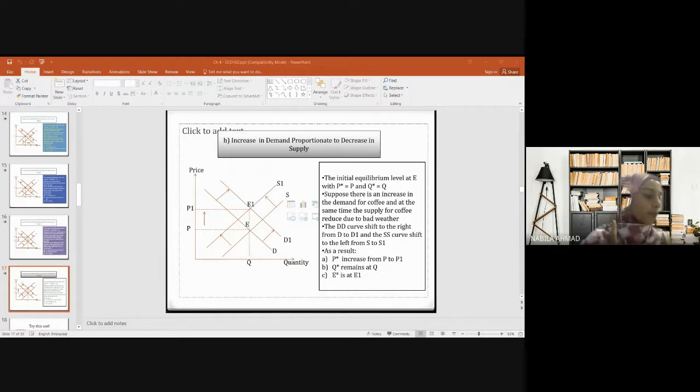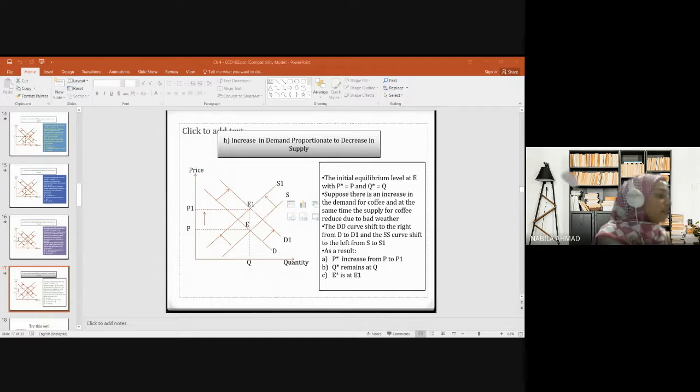Combination 1. Okay, look at the second paragraph. Demand increases, supply increases. It says here, if the increase in demand is less than the increase in supply, so what happened? Demand increases, so demand shifts to the right.